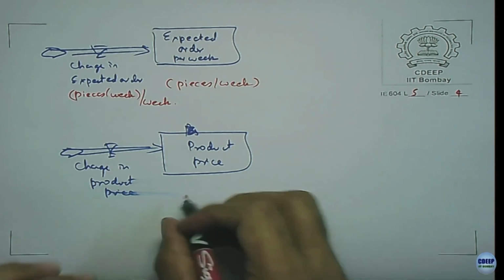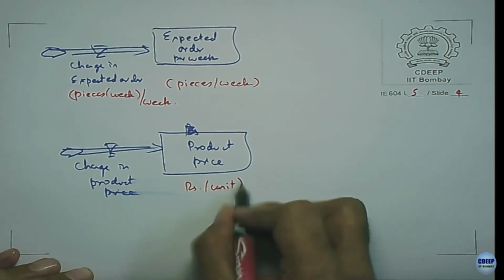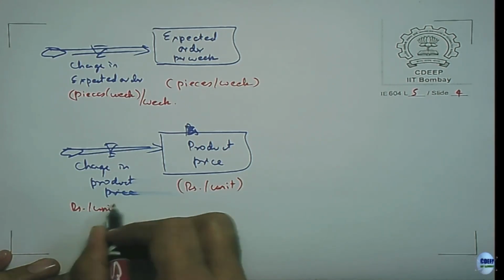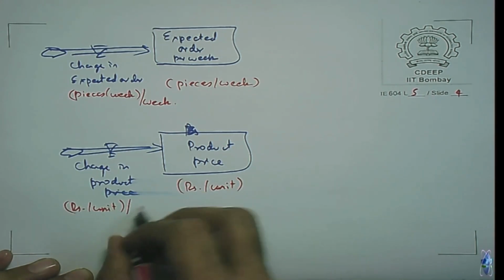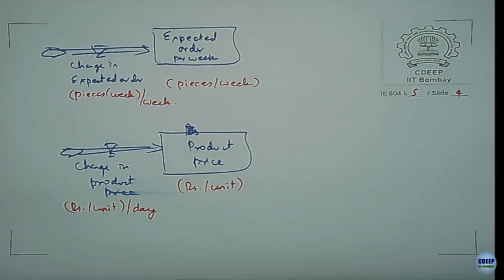Product price is typically, say, rupees per unit, right? Change in product price is rupees per unit per, let's assume it fluctuates daily, per day. Some can change over time, over a year, etc.